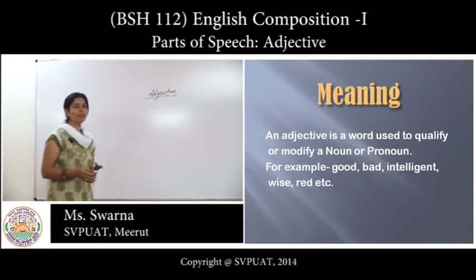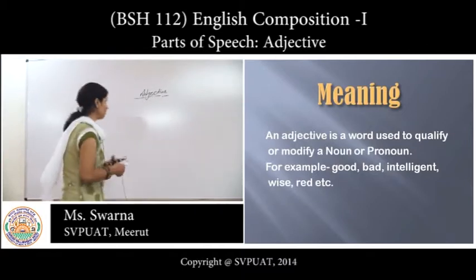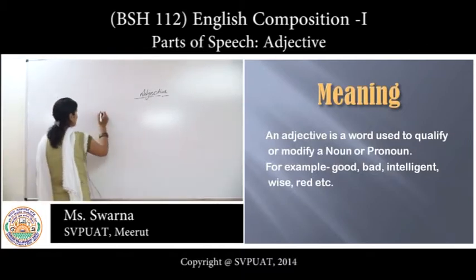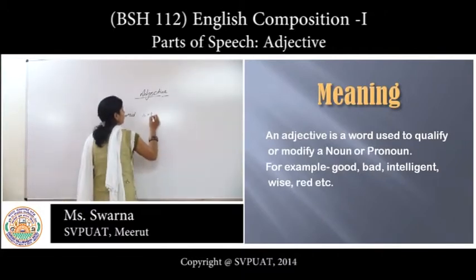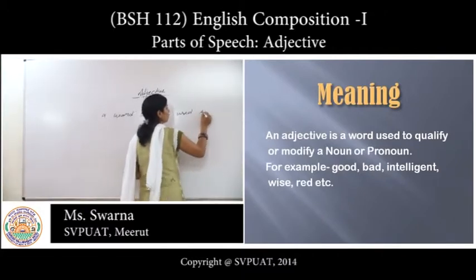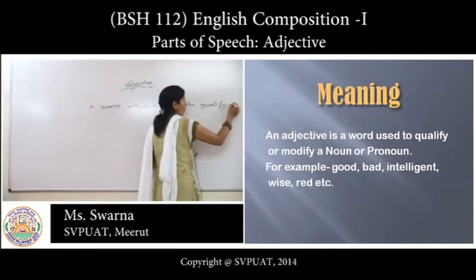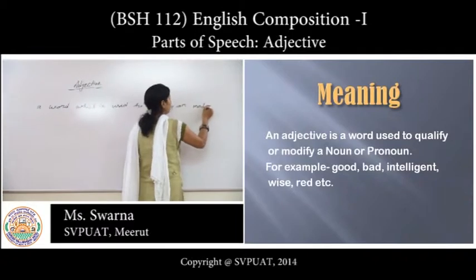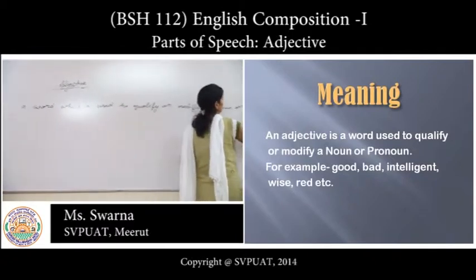Adjective is a word which qualifies a noun or pronoun. That is the definition of this part of speech: an adjective is a word which is used to qualify or modify a noun or a pronoun.